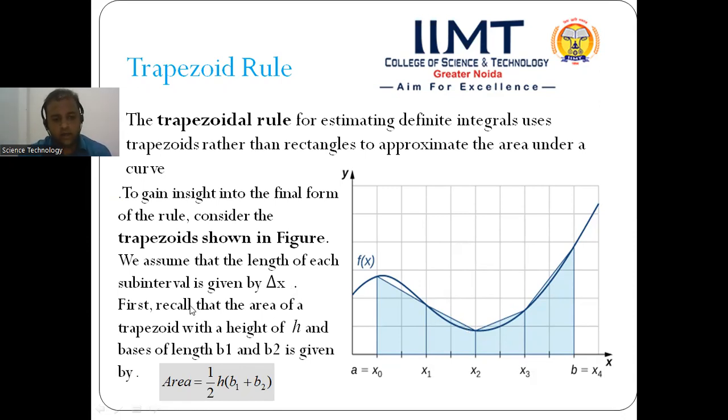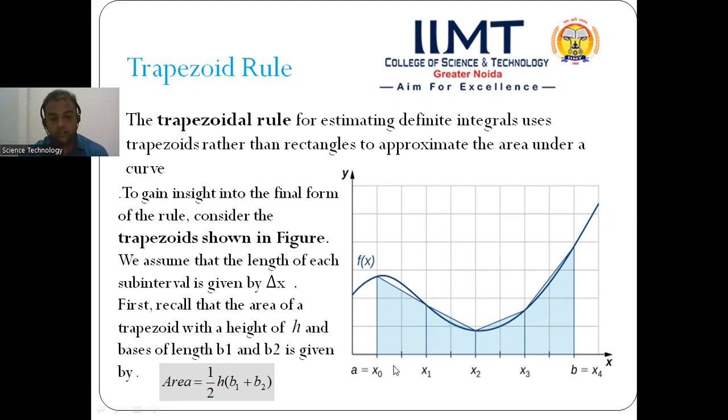As we know, the area of a trapezoid we can find by using the formula half times h times (b1 plus b2), where h is the height and b1 and b2 are the lengths of the parallel bases of the trapezoid.